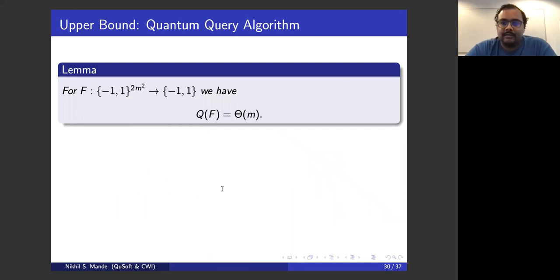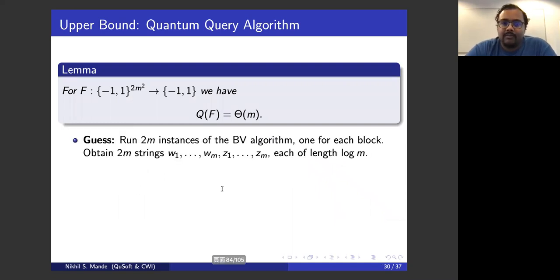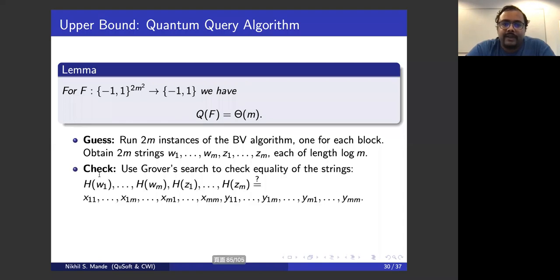So there's a quantum query algorithm, which is going to use 2 phases. First is a guess phase, where we're going to guess whether each of the blocks is a legitimate Hadamard code word or not. And this is going to use the Bernstein-Vazirani algorithm, one for each block. The next phase is going to be a check phase, where we're going to check whether the output of the guess phase is actually correct.